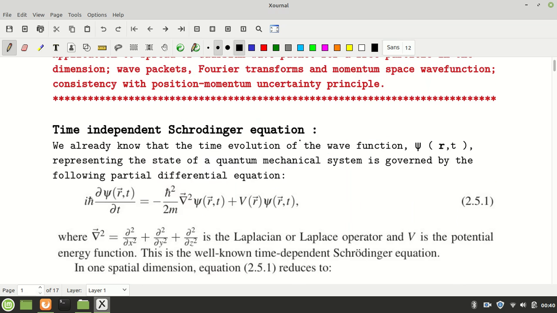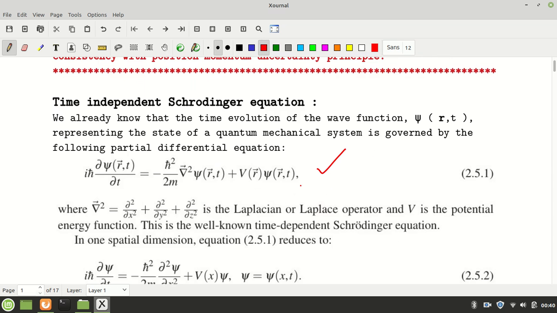We know the Schrodinger equation, the time dependent Schrodinger equation, and in our previous class we have discussed this. Here psi is the wave function, which depends on the x, y, z and t coordinates, that is, position and time, and here V is the potential within which the particle is moving.